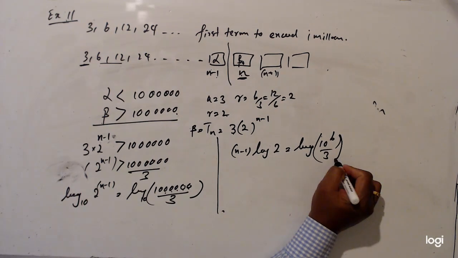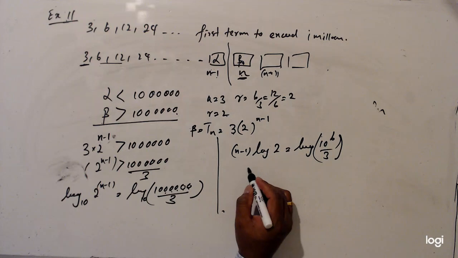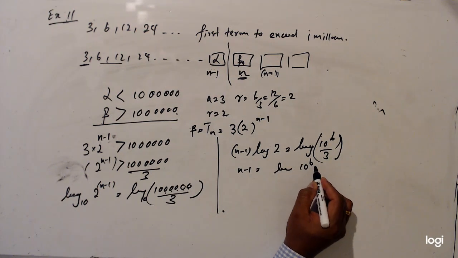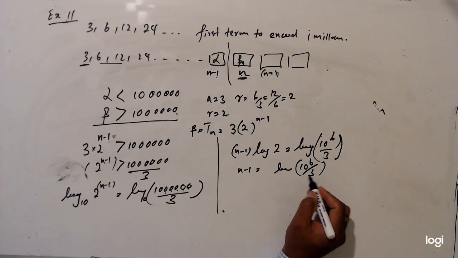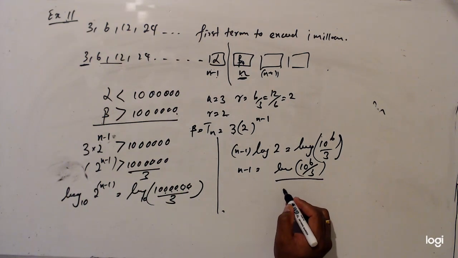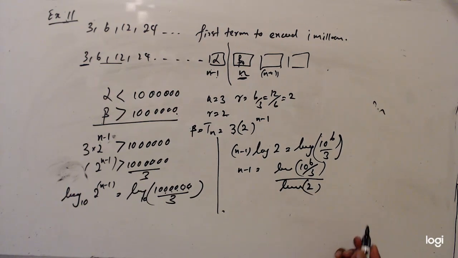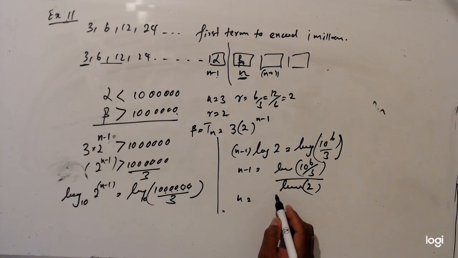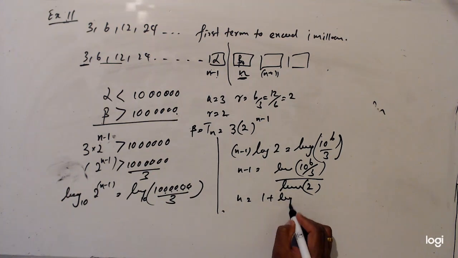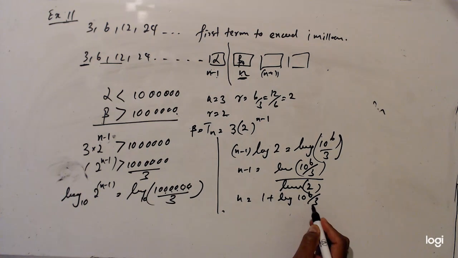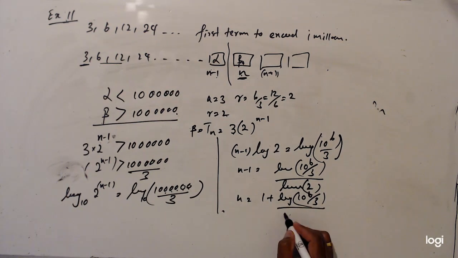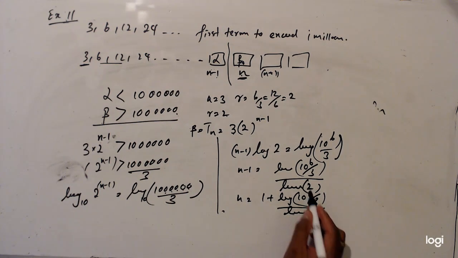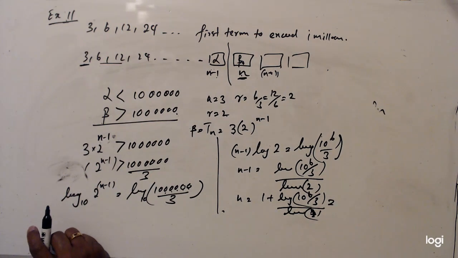So we can write n minus 1 times log 2 equals log of 10 to the power 6 over 3. Then n minus 1 equals log of 10 to the power 6 over 3, divided by log 2. Then n equals, moving minus 1 to the other side, log of 10 to the power 6 over 3, divided by log 2. So you can get the answer from the calculator.